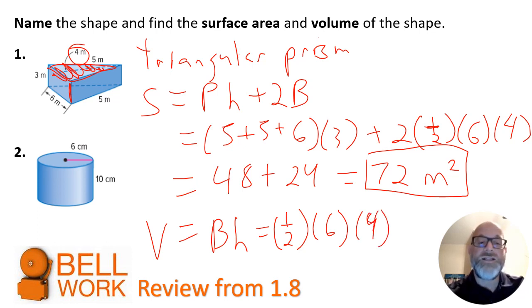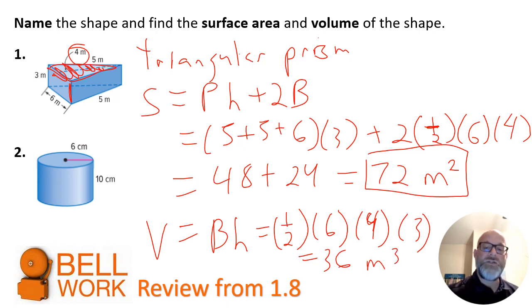And then we're going to multiply that times the height of the triangular prism, which we said was 3. Okay, so 6 times 4 is 24, divided by 2 is 12. 12 times 3 is the same as saying 6 times 6, which is equal to 36. What will my units be? Meters cubed. Volume is always in 3-dimensional space.